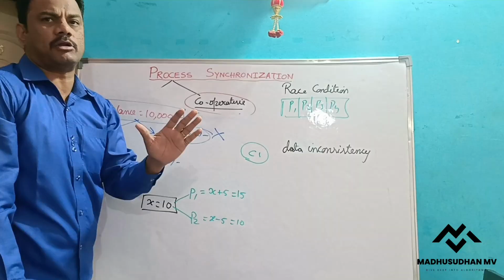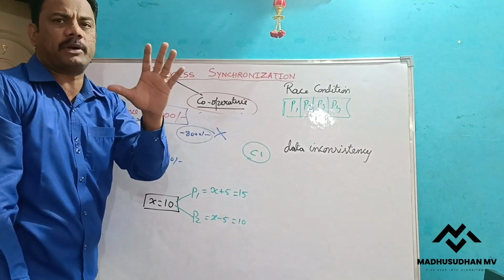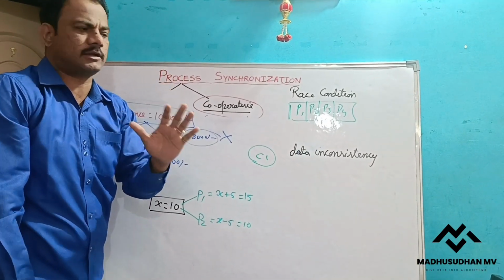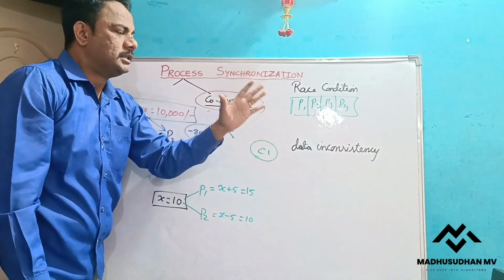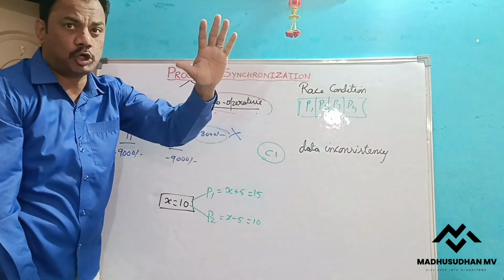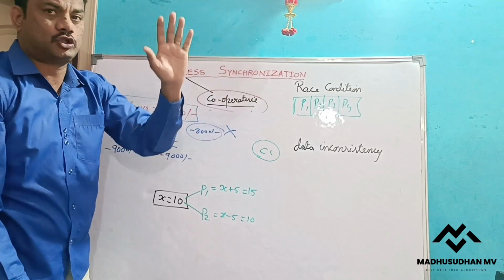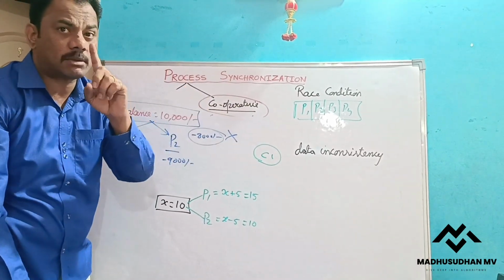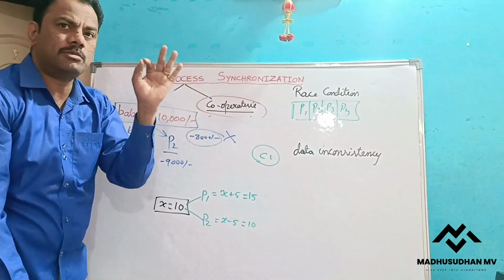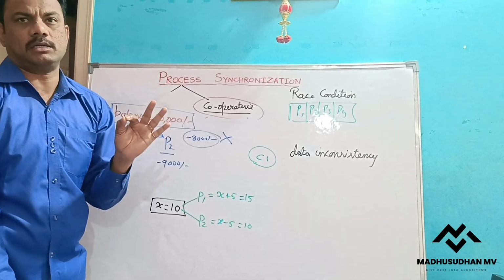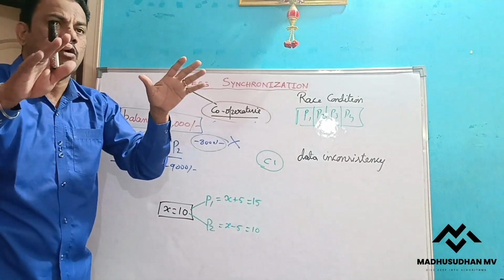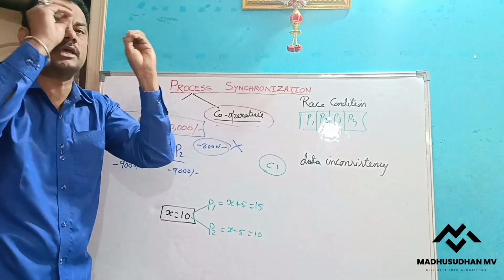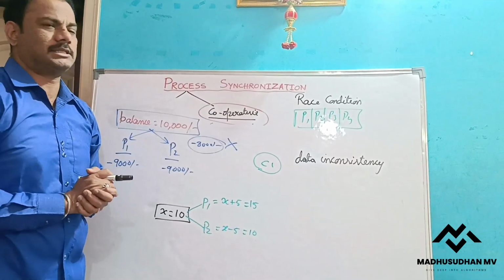So it is the responsibility of every operating system, whichever the operating system, to make sure that this race condition is avoided so that data does not become inconsistent. Data should always be consistent and there will be fair execution of all the processes, one after another instead of simultaneously.